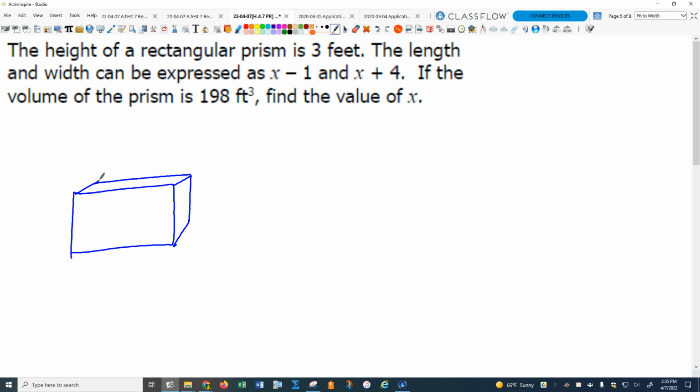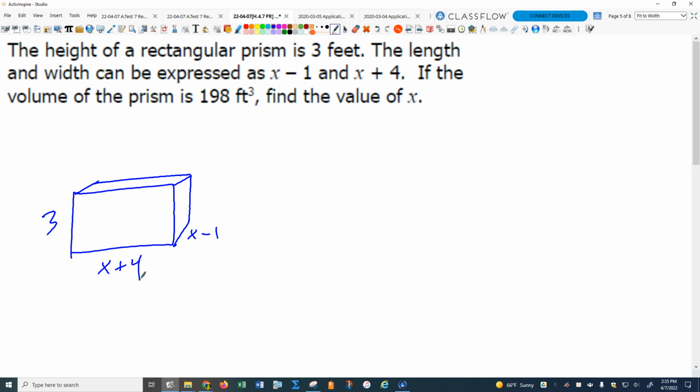It tells us the height is 3. The length and width are x minus 1 and x plus 4. If the volume is 198, how could I set up an equation? Yeah, right.